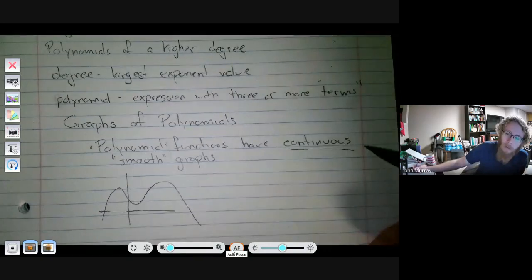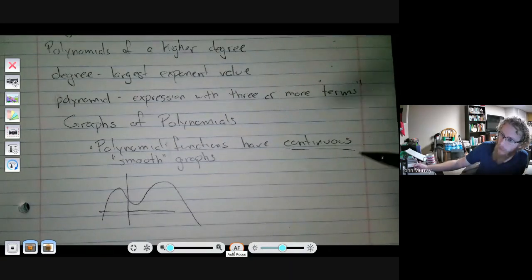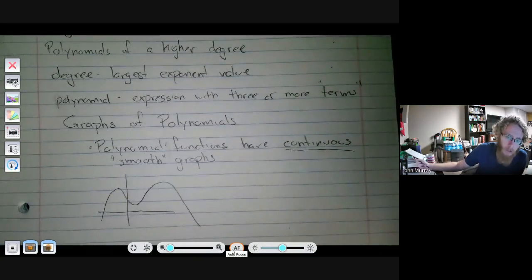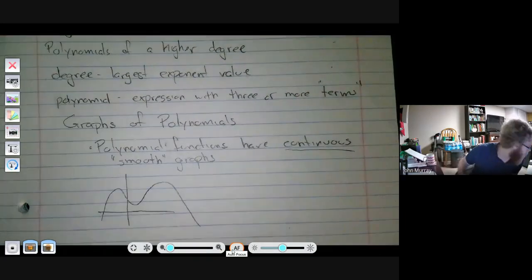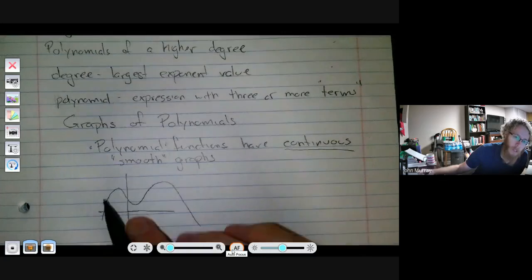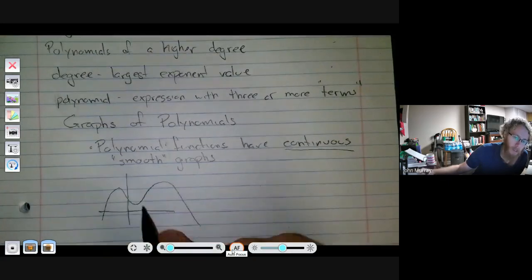The way I like to explain it is that with a continuous graph, you don't have to lift your pen or pencil up to draw it. It's one long continuous line. And then we say it's smooth because it's not jagged in any places.